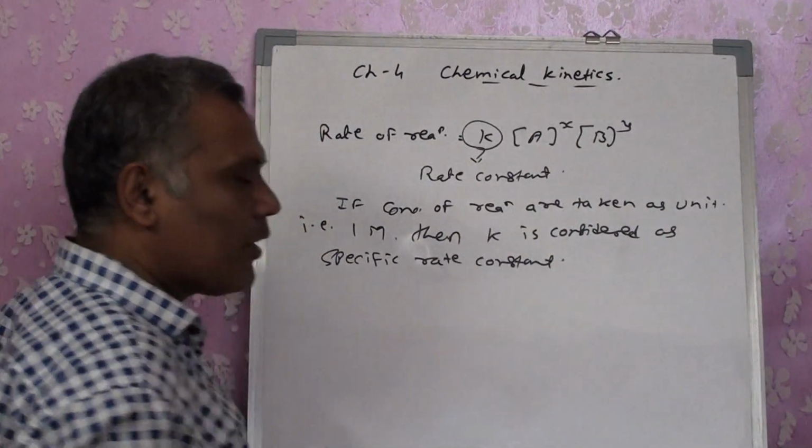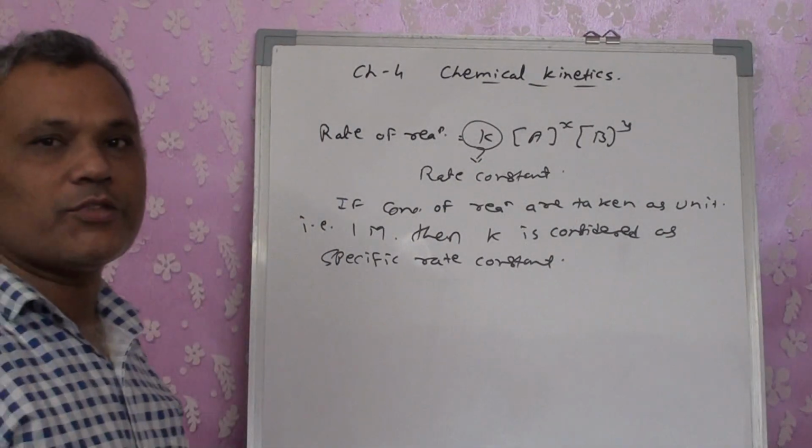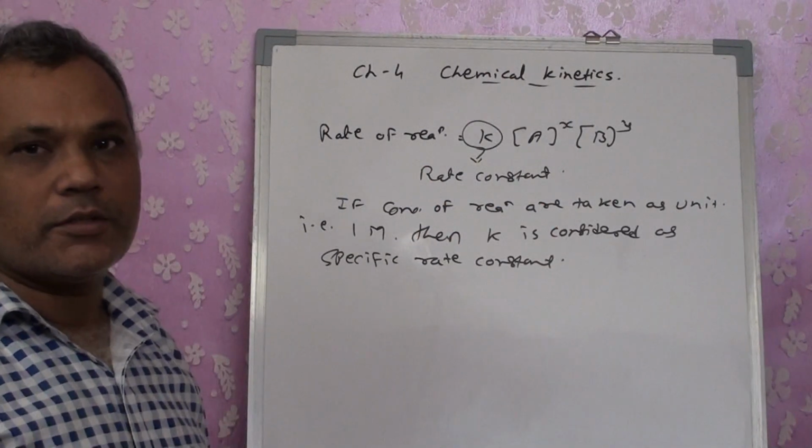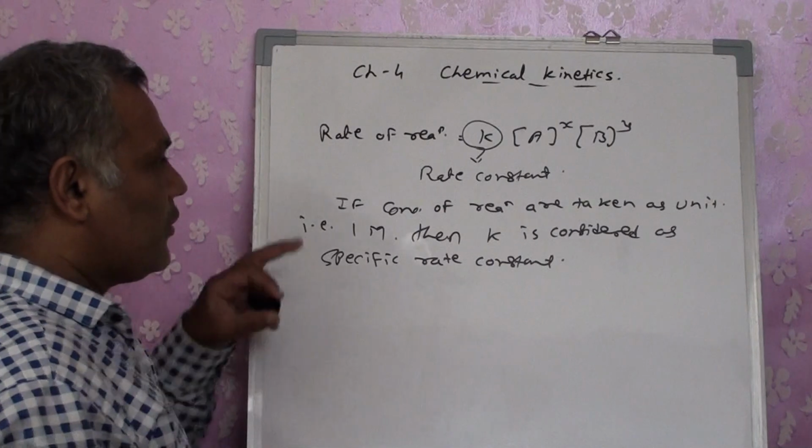But we know that every time we are not going to get the concentration of reactant as 1, and that's the reason why we write it as rate constant. Okay, that is your one word.